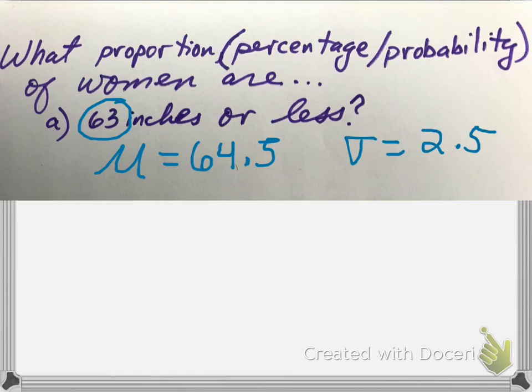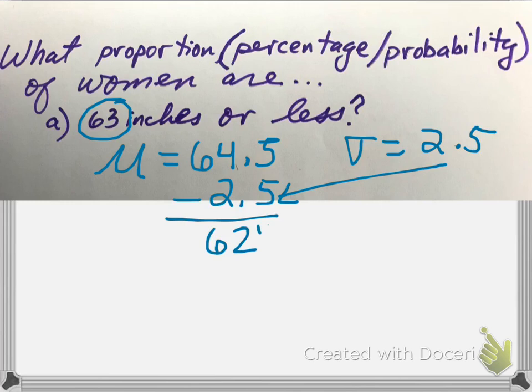If I do 64.5 take away 2.5, which is 1 standard deviation from the mean, that puts me at 62 inches. But I have 63 inches here. So I want to know how many standard deviations 63 inches is away from the mean.